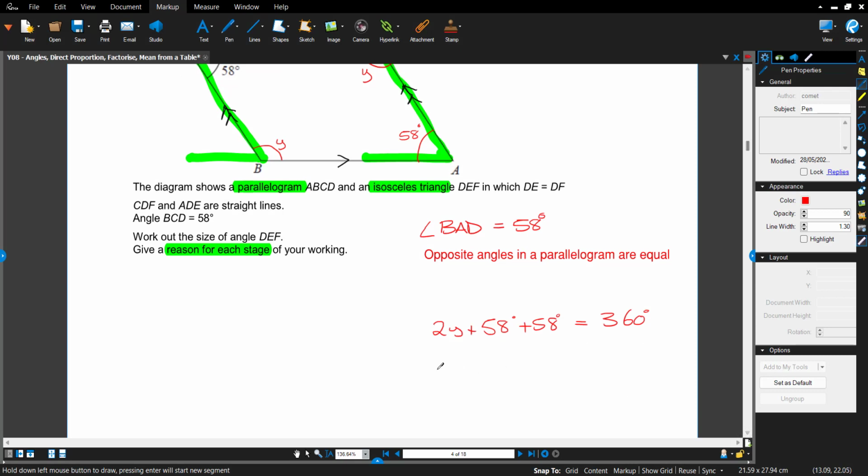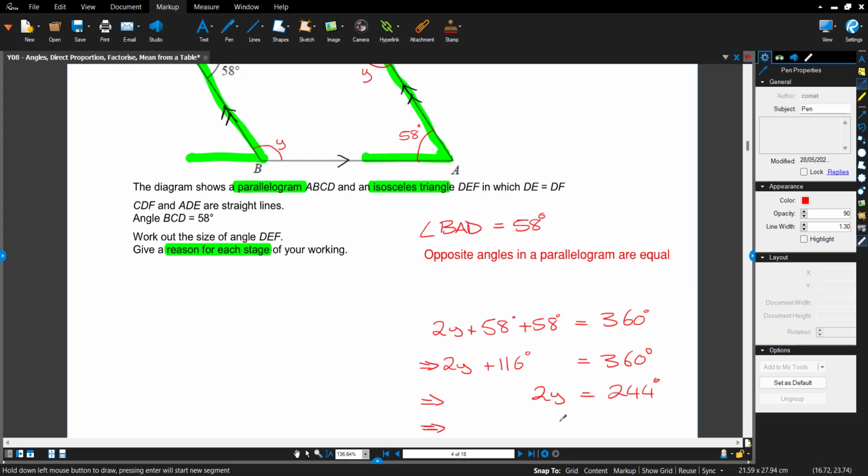All right. So that implies 2y plus 116 degrees equals 360 degrees. So we just take 116 away. So that implies 2y equals 244 degrees. And just divide by 2.